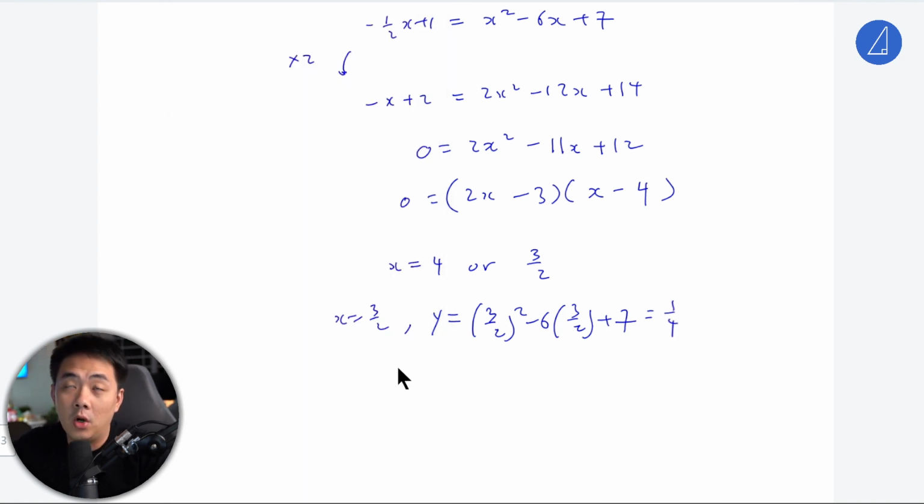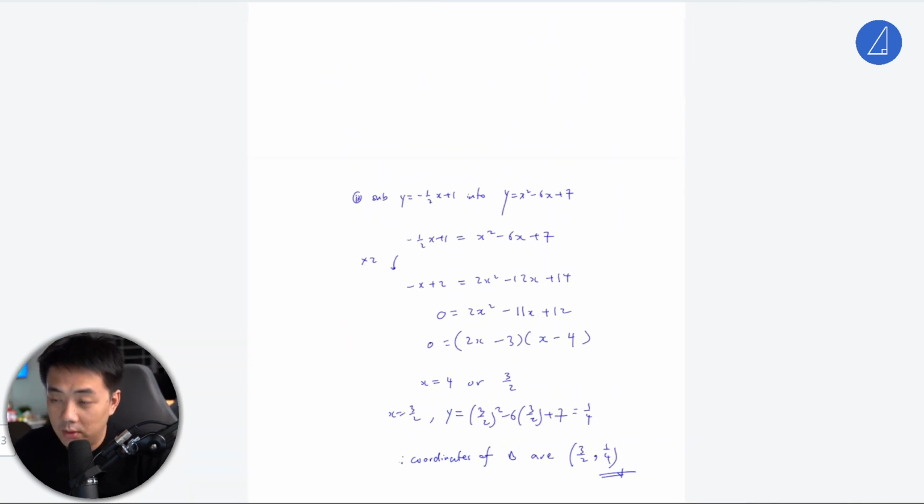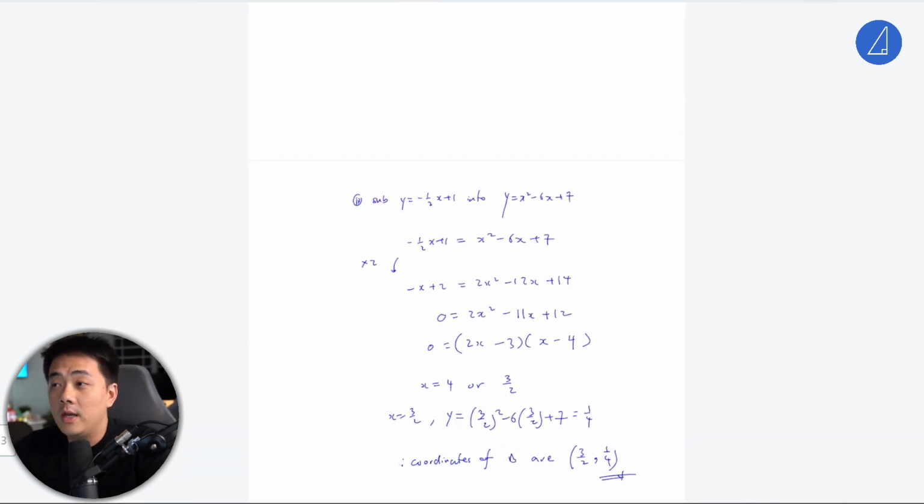So that should be our coordinates of B. Hence the coordinates of B are (3/2, 1/4). Okay, so that's how we do this question proficiently. If you have any questions or comments at all, please let us know, and I'll see you in the next question.